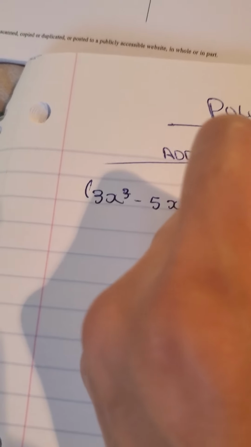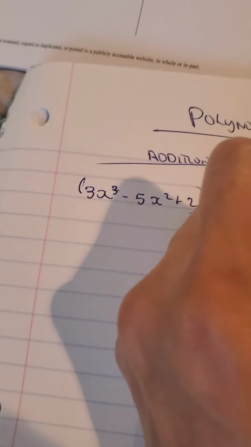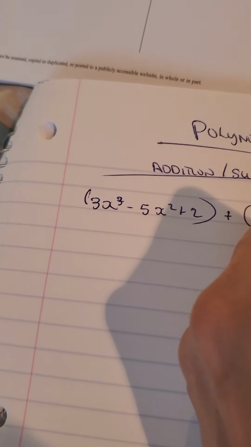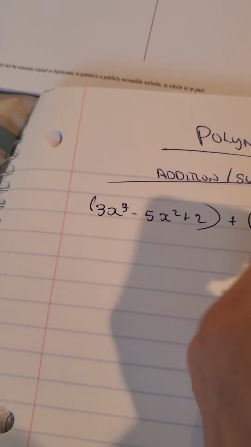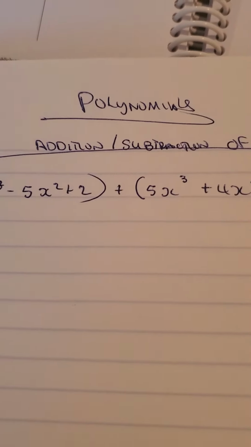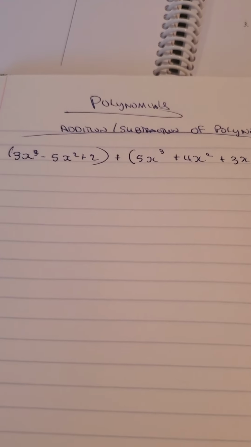Basically, that is adding expressions, and we know they're called expressions because there is no equal sign. So you're not going to be solving anything. We're just going to be simplifying them. In this case, they say add, which is a form of simplifying.